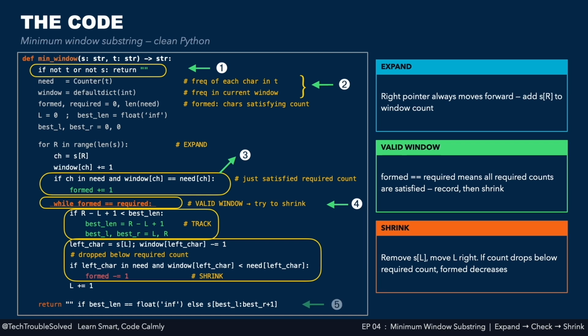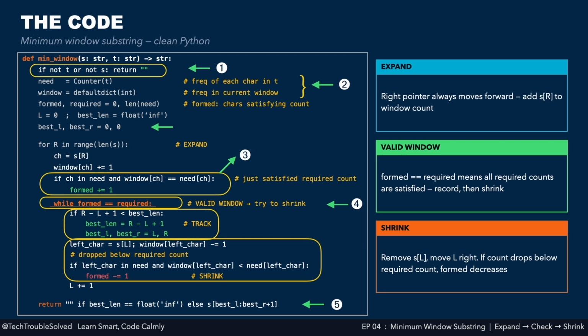Fifth, best L and best R, not just best length. We track both the length and the boundaries because at the end we need to return the actual substring, not just its size. S of best L to best R plus 1 uses those saved pointers to slice the answer.